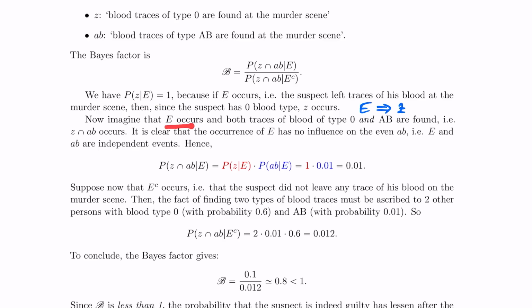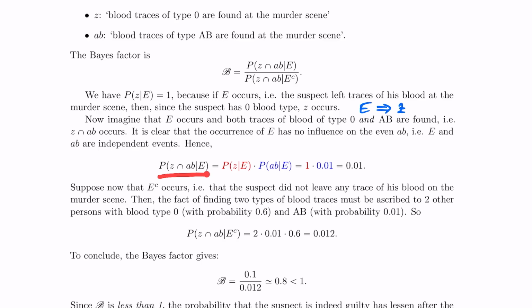Now imagine that E occurs and both traces of blood of type 0 and AB are found, that is, Z intersected with AB occurs. However, since the suspect has 0 blood type, the occurrence of E has absolutely no influence on the event AB. In other words, E and AB are independent events. We know that when we have independent events, we can factor out the probabilities of the single events.